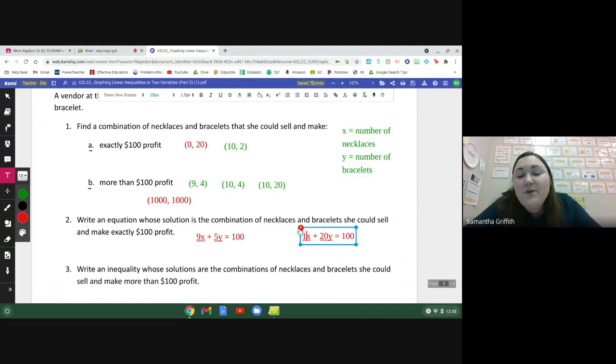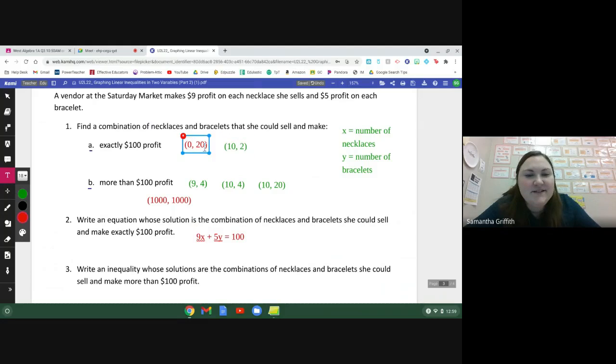Remember, our equation should be describing, I should be able to put any pair of numbers that we said is a solution into this equation and get something that's true. So if you wanted to test this equation, notice earlier we said 0, 20.